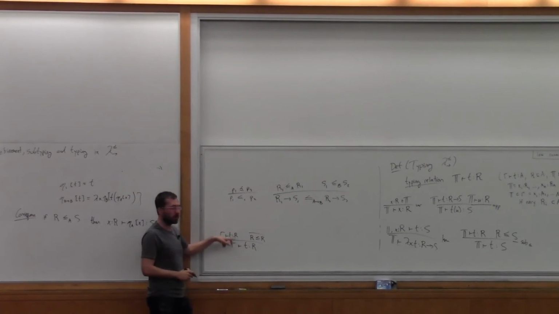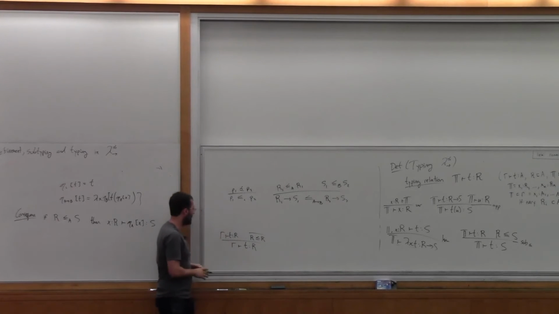Well, we've reduced the problem to checking that T has type R. So we haven't made progress. Okay, why would we do this?